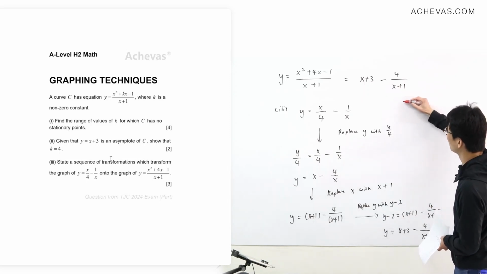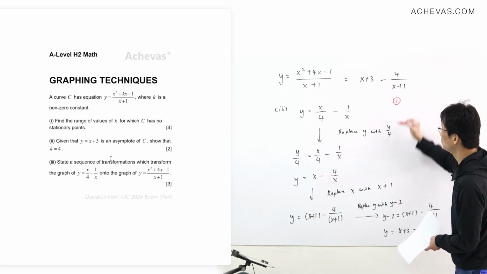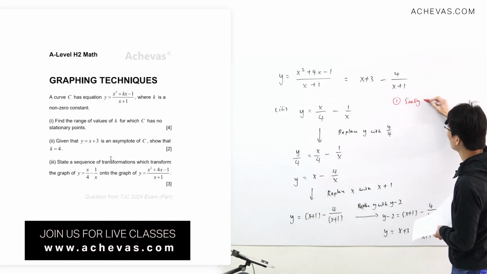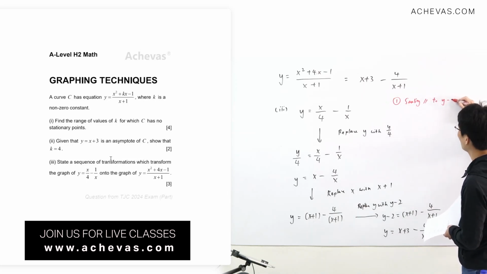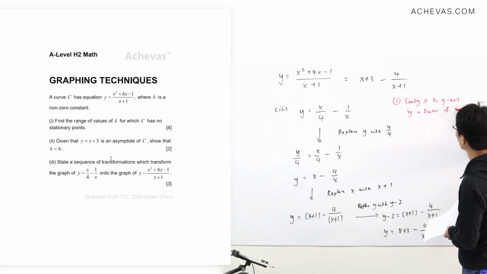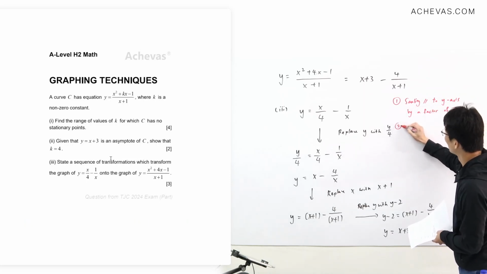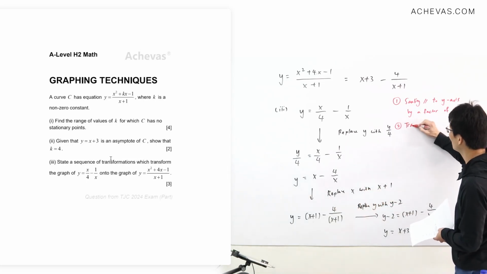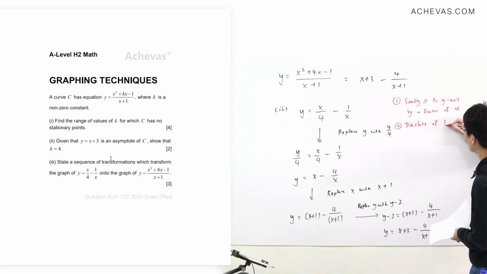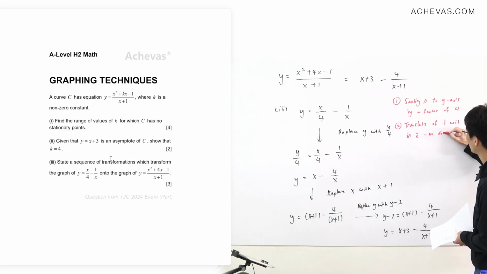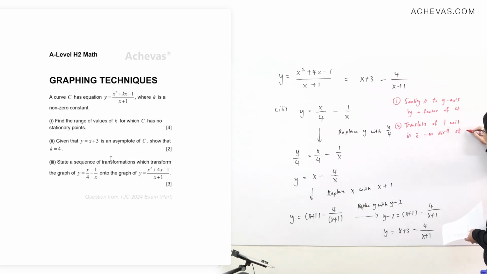We can just do a bit of description. The first step, replacing y with y over 4, is a scaling parallel to the y-axis by a factor of 4. The second step, replacing x with x plus 1, is a translation of 1 unit in the negative direction of the x-axis.